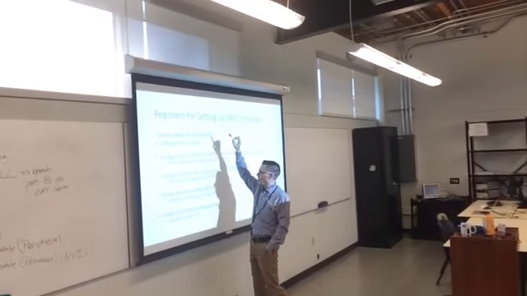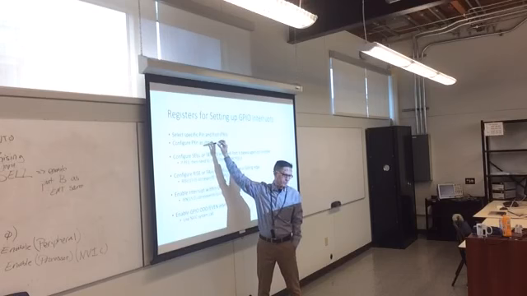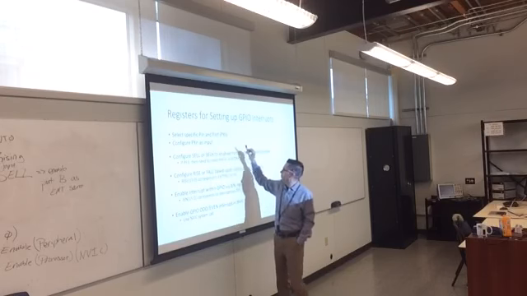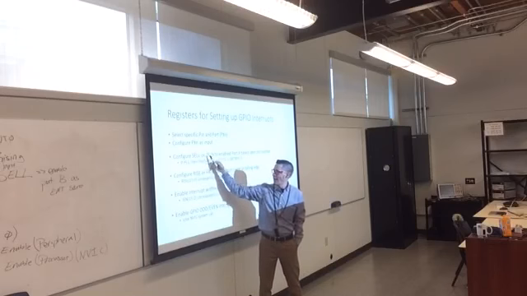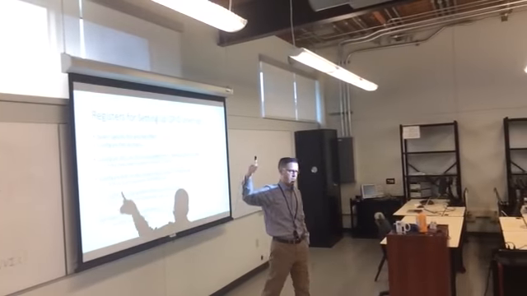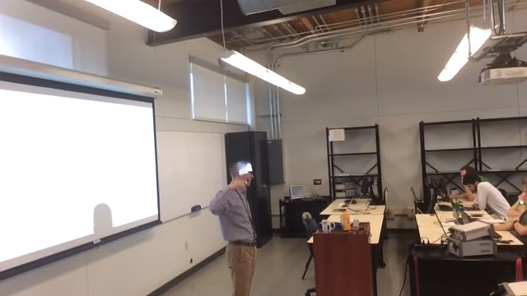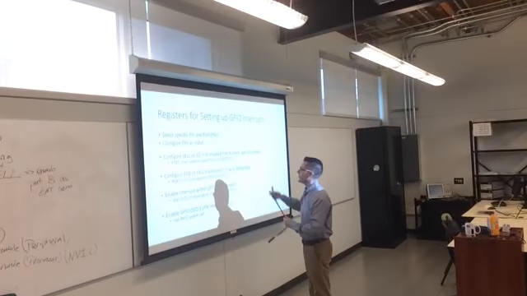Depending on the interrupt or the pin that you pick, you need to make that pin an input. Once you've made it an input, you need to configure SELL or SELH to pick the ports. There's 16 different pins. The lower ones are in the low register, and the upper ones are in the high register.